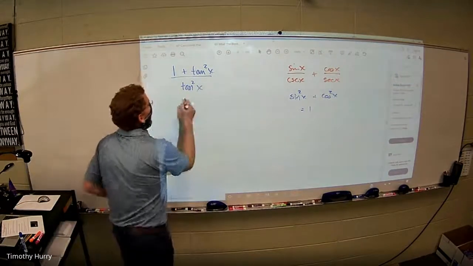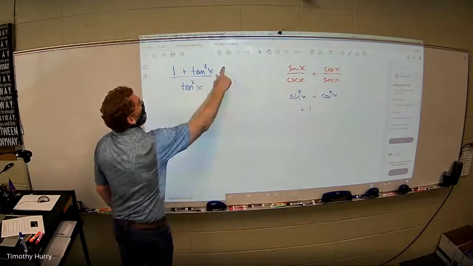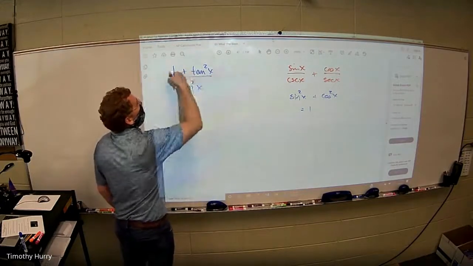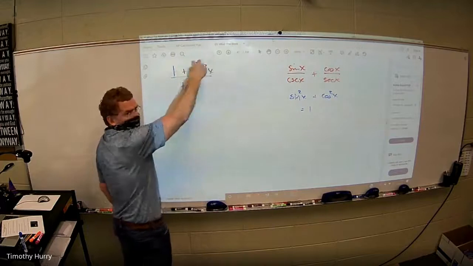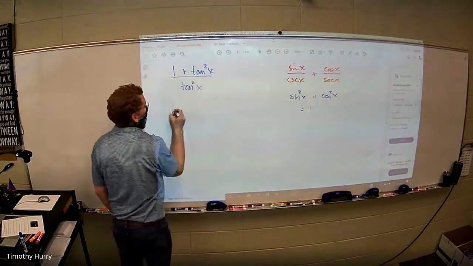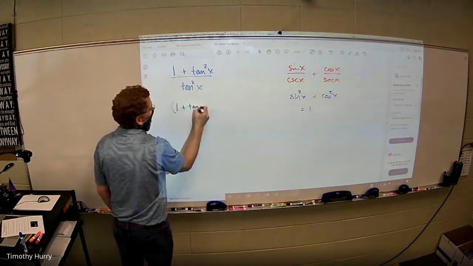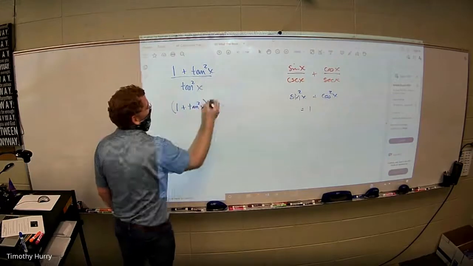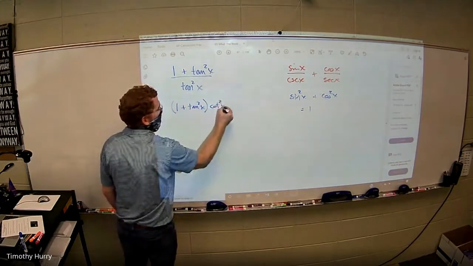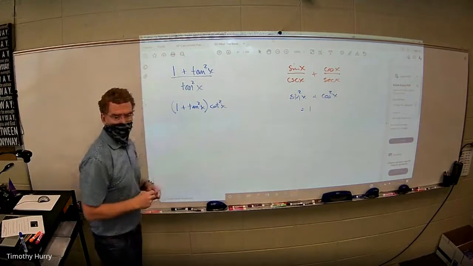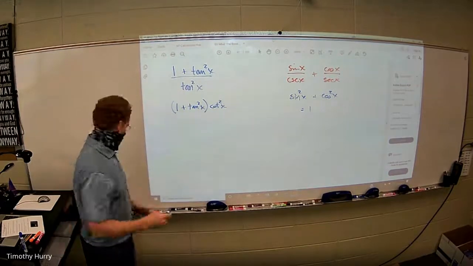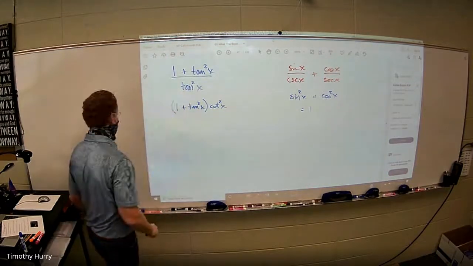Okay, that's one way. I'm bringing this up. I can't bring it up with just one term. This is one single binomial. So if I brought it up, I would have to group the top part, right? And I could make it a cotangent. We'll do that next.